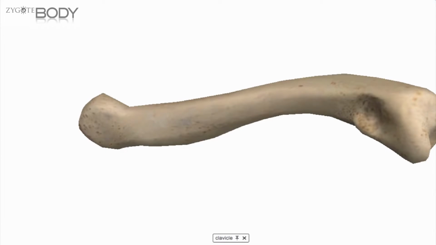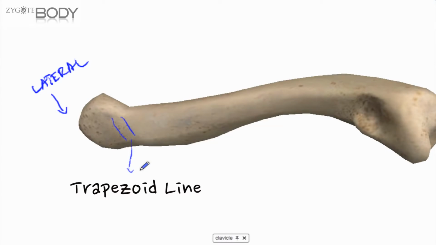The first one is on the lateral side of the clavicle. In this area here, you will find a line, and this line is called the trapezoid line. This is where the trapezoid ligament will attach, in this area of the clavicle, laterally.